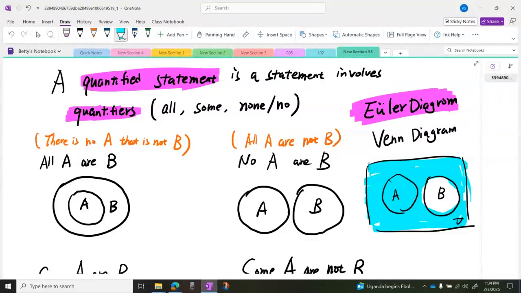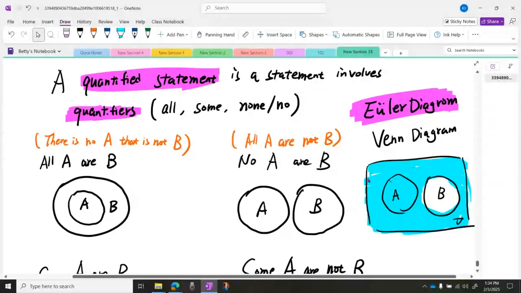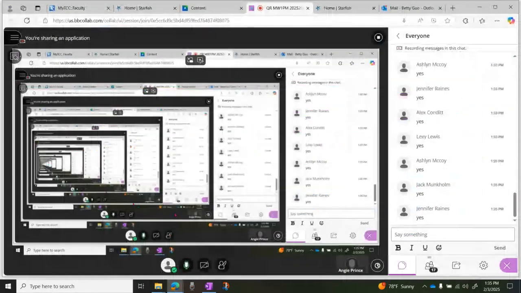I just used the blue color to shade a region in the box. Do you agree the blue region represents not B? The elements in that region belong to the universal set, but do not belong to B, right? That region represents not B.